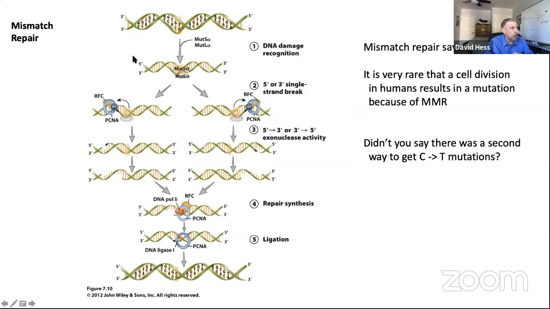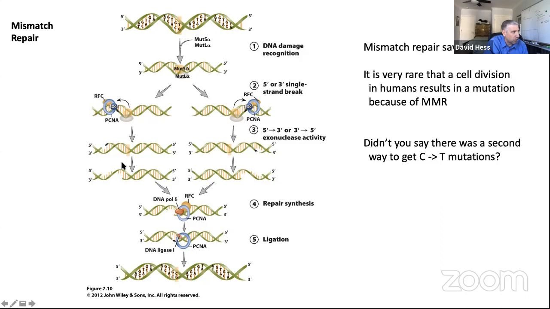So these are the proteins up here that are looking for these bulges, and they're also going to determine which is the old and the new strand. And then depending on what type of species you are, there are 2 alternate pathways for cutting the DNA out. But what's important is you're going to remove that damage.